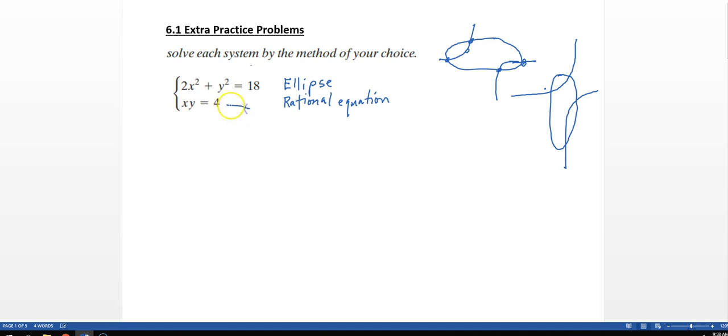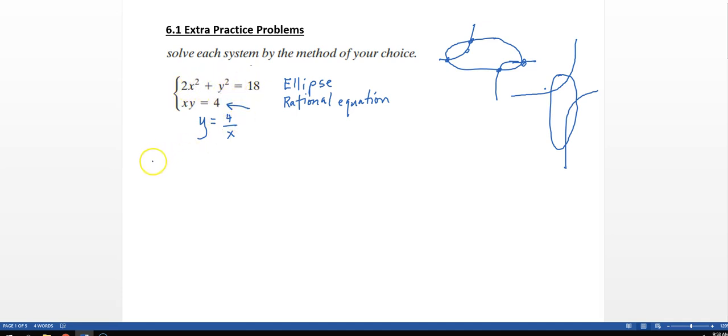So I'm going to take this equation and solve for y. If I solve for y here, I get y is equal to 4 divided by x. And now I'm going to substitute y equals 4 over x for y into the equation 2x squared plus y squared equals 18.